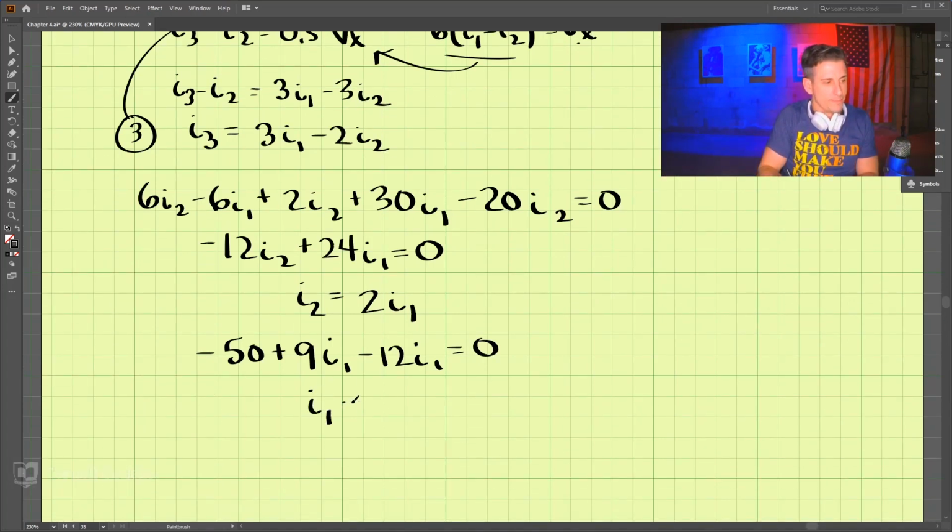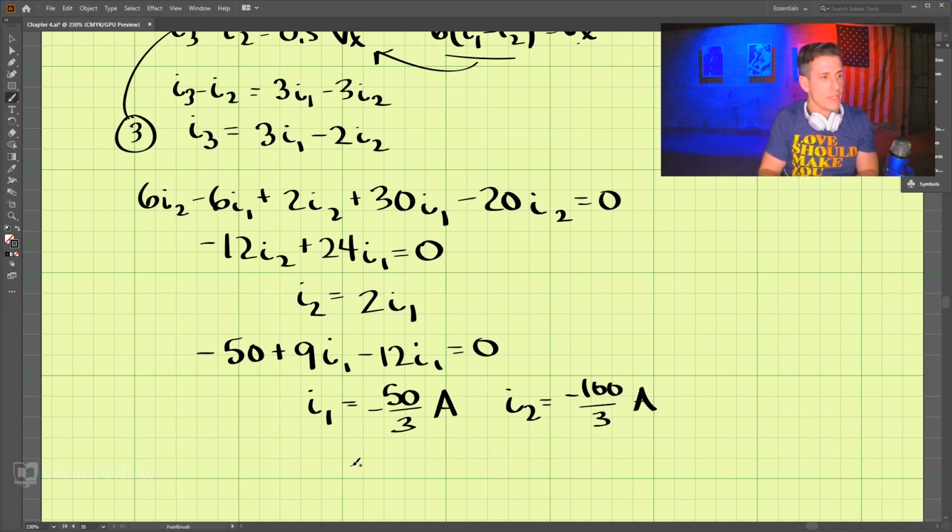So I1 is equal to negative 50 divided by 3 amps, which then I2 is equal to negative 100 divided by 3 amps.